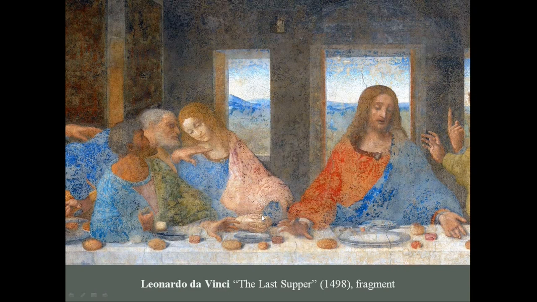We can easily see from this fragment where the figure of Judas is depicted. While all others are involved in the conversation, this figure is outstanding. He is depicted totally in profile, his figure is in half darkness, and he is holding the bag with coins.